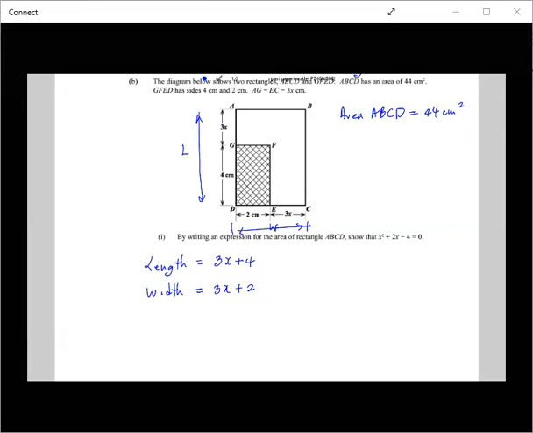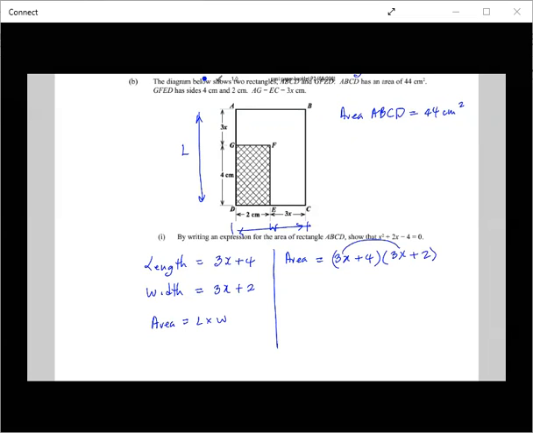Now area is equal to length multiplied by width. So the area would be equal to 3x plus 4 multiplied by 3x plus 2. All right, that's the area. So let's multiply.